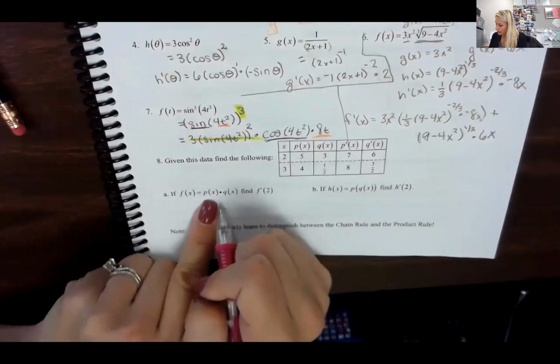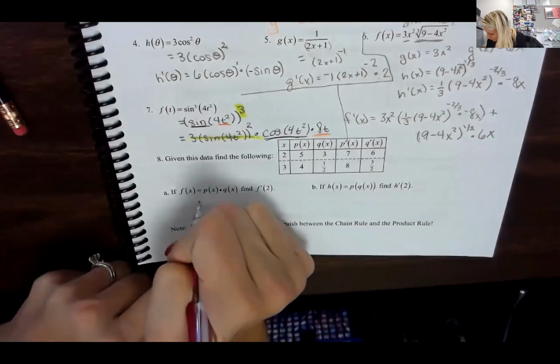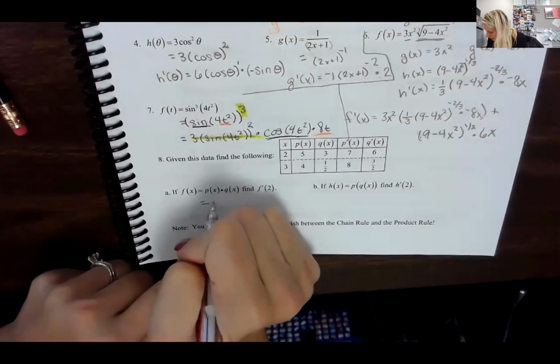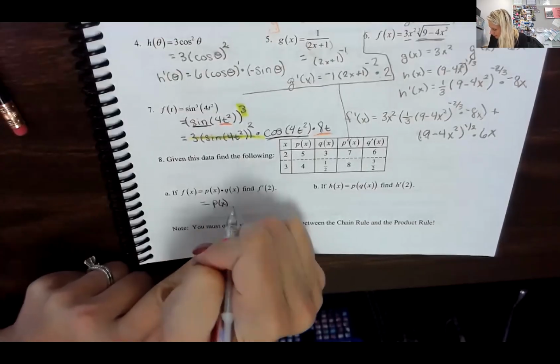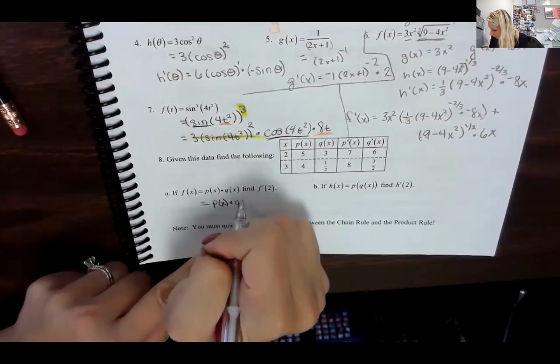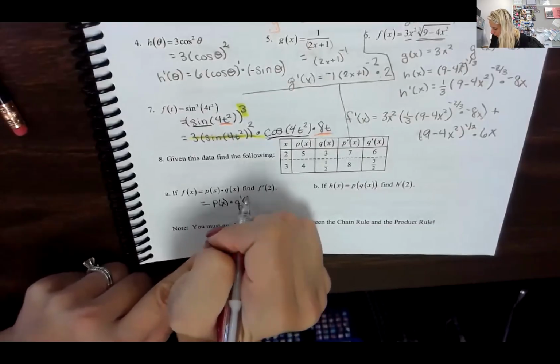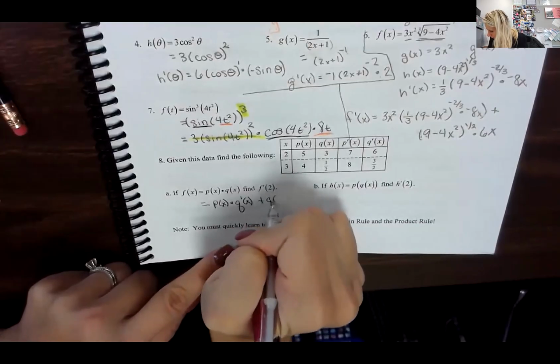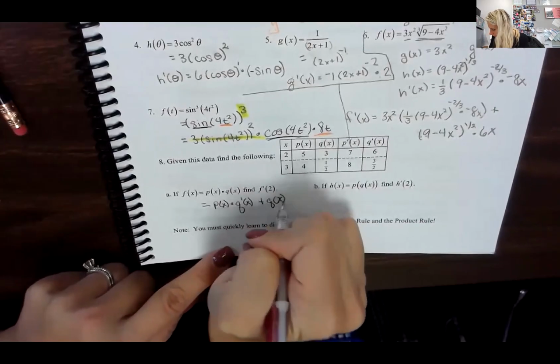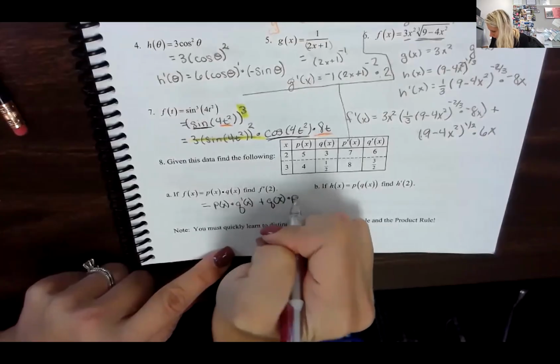So if we talk about the derivative here, remember the product rule says the first function times the derivative of the second function plus the second function times the derivative of the first function.